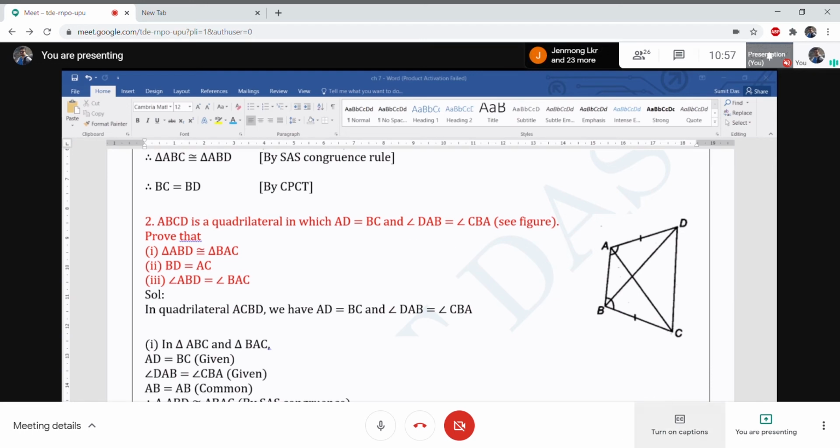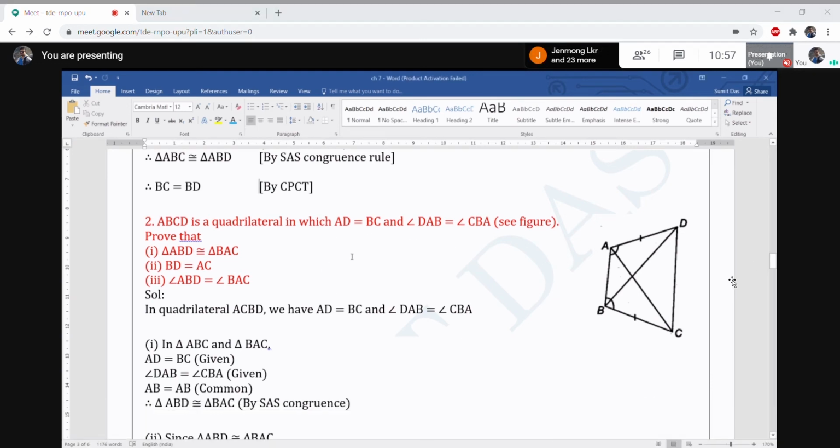Okay, question number 2 is saying in ABCD quadrilateral, you can see AD equal to BC. AD and BC are equal. You can see in the figure they are marked on the sides. And DAB, DAB means this angle, and CBA, when these two angles are equal, we have to prove that triangles ABD and BAC, these two triangles are congruent.